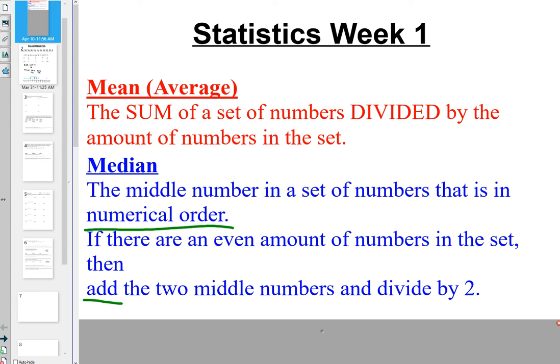Let me give you a perfect example. Let's say I want to figure out which one of my classes is the best. I only have one of these Algebra 1s, but let's assume I had 6 Algebra 1s, and I want to know which class is performing the best. I look at this class average. This semester, you guys are actually doing pretty good, somewhere in the 70s.